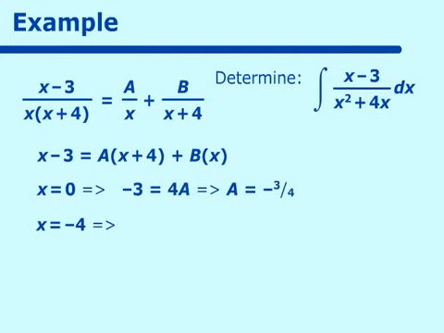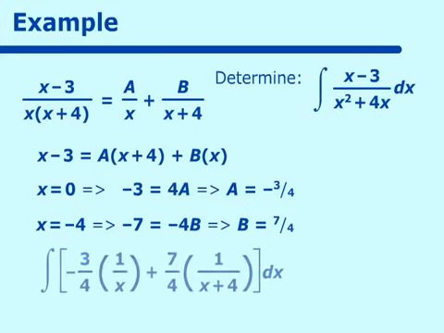Setting x equal to negative 4, we get negative 7 is equal to negative 4b, and that goes to b equaling 7/4. Set this back into our integral, so we have a, which is negative 3/4, so we'll have negative 3/4 times 1 over x, plus b, which is 7/4, times 1 over x plus 4 dx.